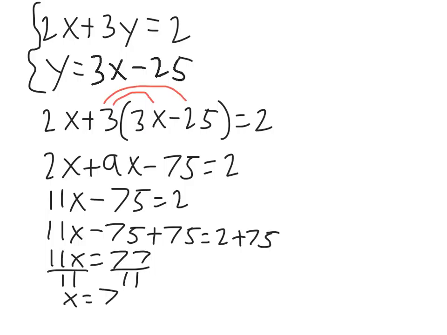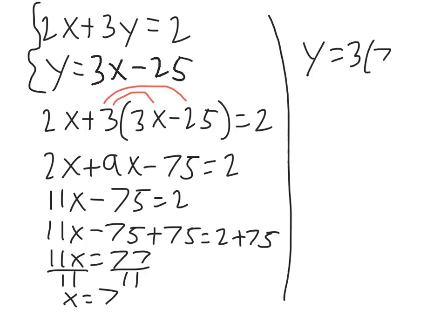Now that we have x equals 7, we have to bring it back to this equation here where y was already solved and substitute x in. So that gives us, over on the other side, y equals 3 times 7 minus 25.